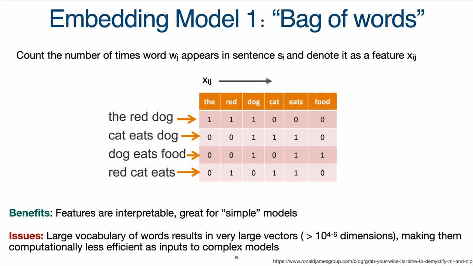The first representation is a bag of words representation, where each feature is a vector that corresponds to how many times a particular word appears in the text. In this example, you can see a set of embedding bag of word vectors corresponding to the text here.